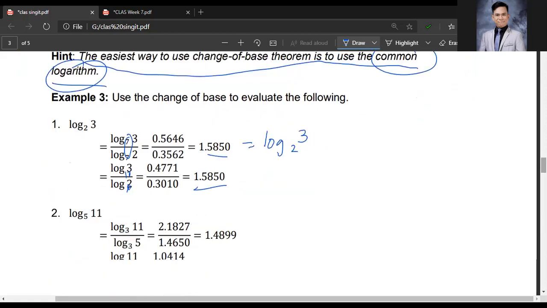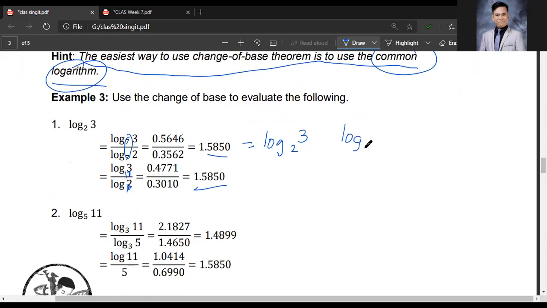So, mas madaling gamitin. Kapag pinapahanap sa inyo yung logarithm na hindi common logarithm, kunwari logarithm of 17 with a base 9, pwede nyo gawing logarithm of 17 over logarithm of 9, at makukuha nyo na yung value ng logarithm. Kasi, class, may mga calculator na walang logarithm na pwede i-edit.